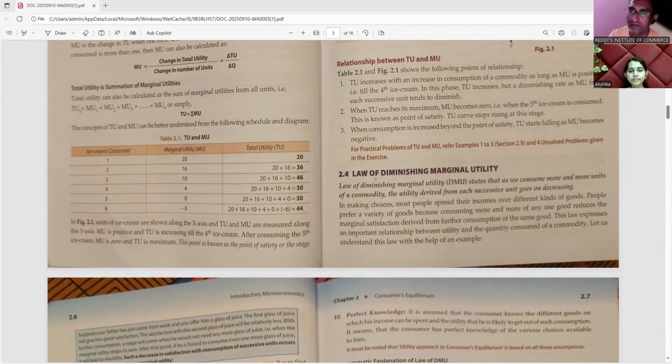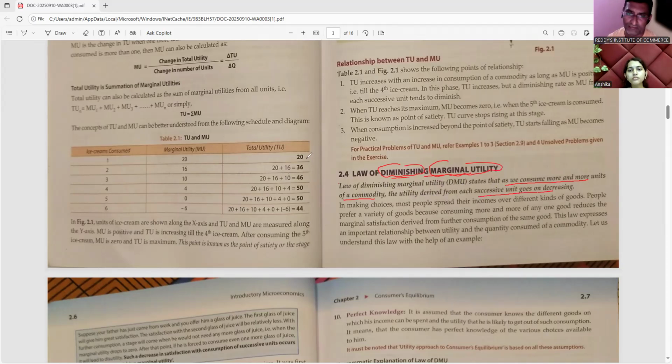Now we'll start with the law of diminishing marginal utility. What is the meaning of the law of diminishing marginal utility? Diminishing means reducing. The law states that as we consume more and more units of a commodity, the utility derived from each successive unit goes on decreasing.